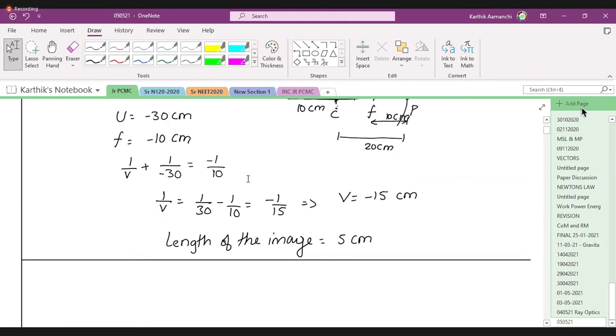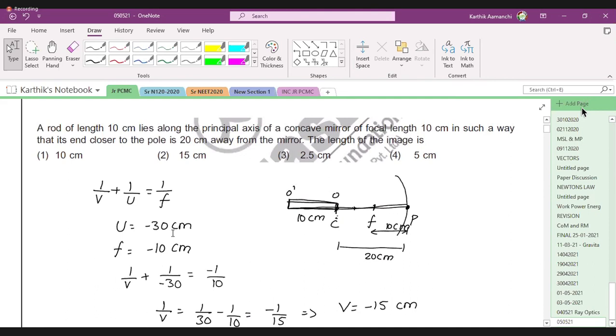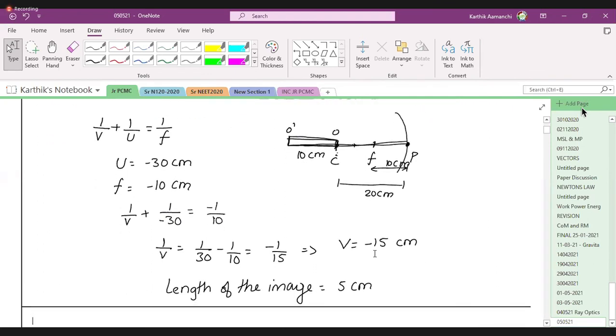Now you understood your sign conventions. If you just take plus 30 instead of minus 30, your V changes. It will be plus 15. Just take plus 30 here. It will be minus of 1 by 10 plus 1 by 30. So it will be 40 divided by 300, 4 by 30, or reverse it, 30 by 4, 7.5.